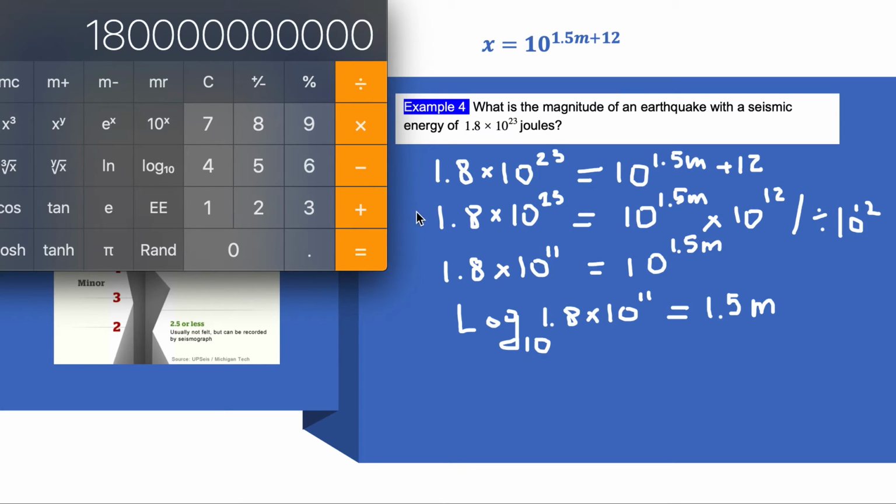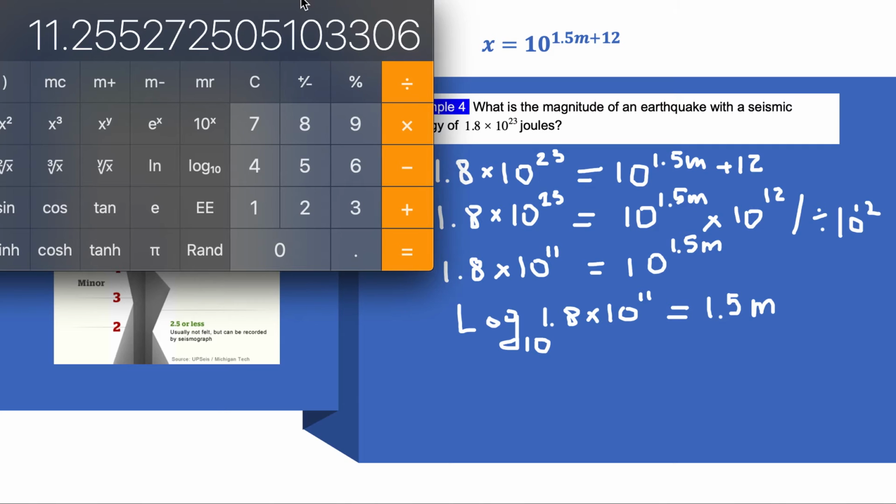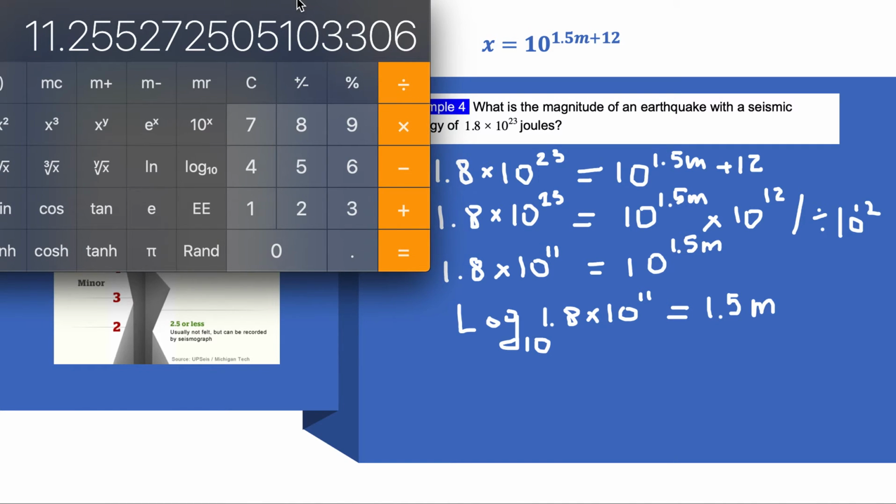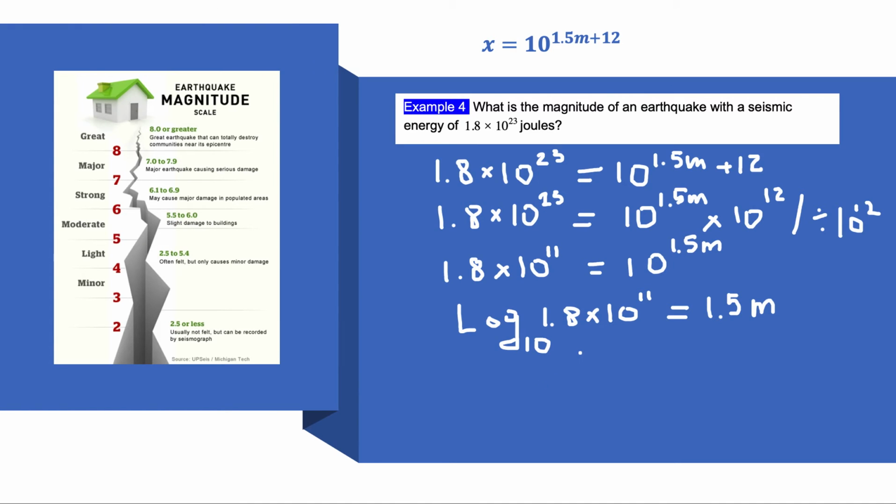And now I'm taking the log, because the log is with base 10. And what do I get here? It is 11.25, and it has a lot of decimals, but let me write just 11.25.